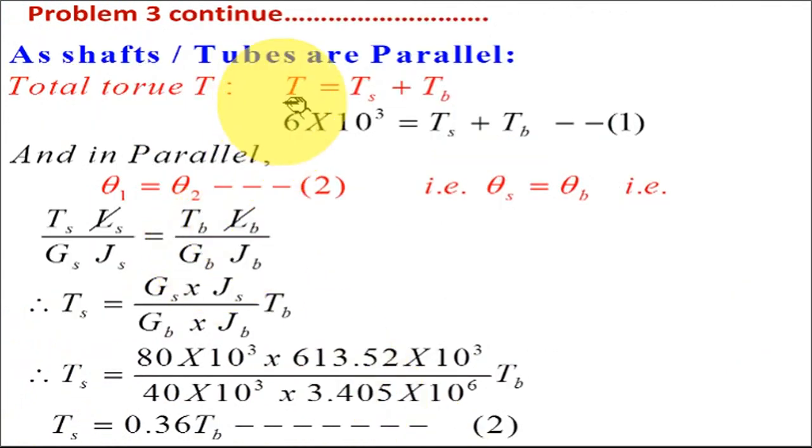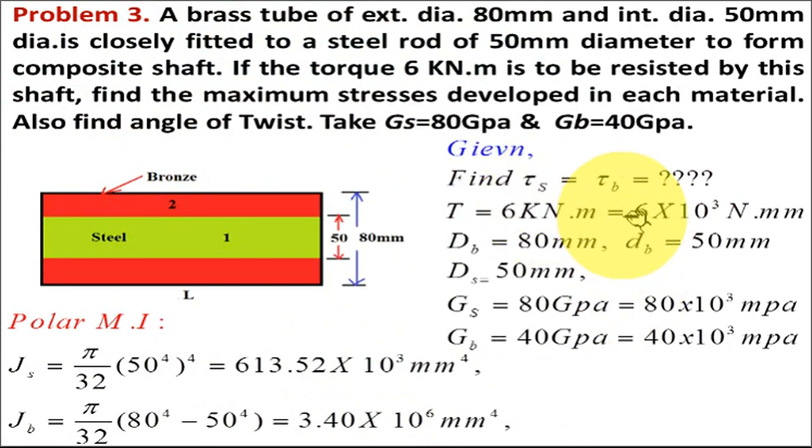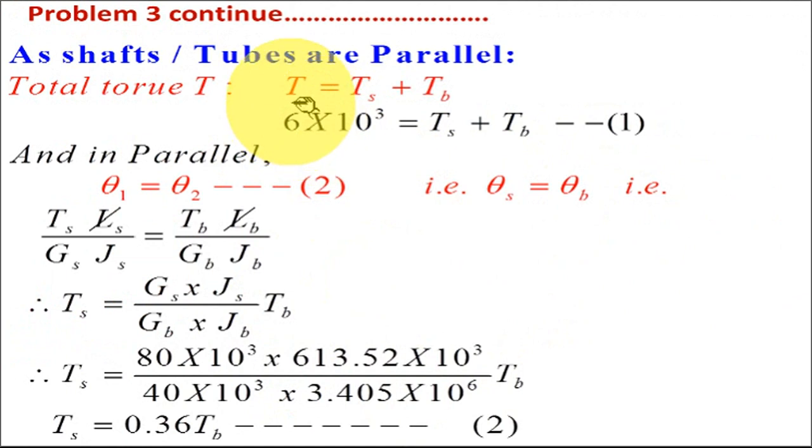Now here the shafts are parallel. So when they are parallel, their theta is the same and torques are added. So using the first condition in the problem, what is given? Total torque is given. This total torque is known. So here we can write the first equation as T equal to T s plus T b. As this total torque is known, you can write T equal to T s plus T b.